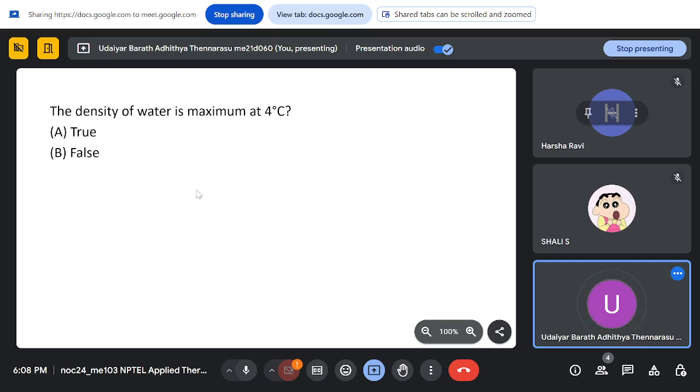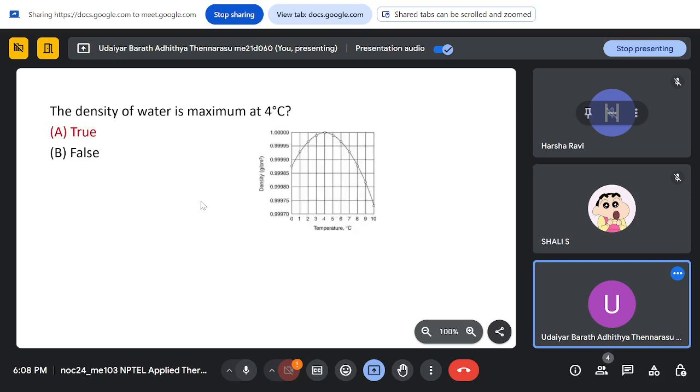So the density of water is maximum at 4 degrees Celsius. True or false? So the answer is true. So if you see, this is how the density variation of water is with respect to temperature when you plot. So when you're going from 10 degrees, you are cooling it, so your density will increase and then start decreasing.